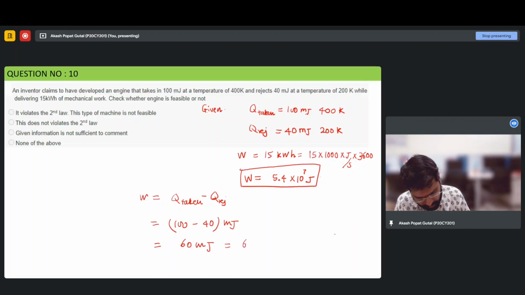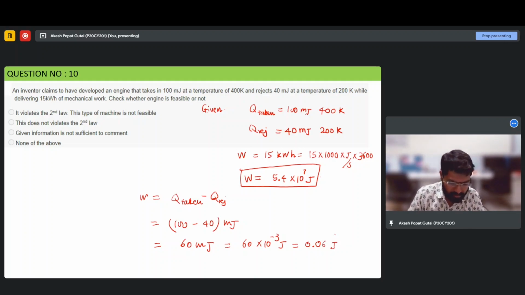And this is nothing but 60 into 10 raised to minus 3 joule. So this work, a maximum of 0.06 joule work can be done by this system.